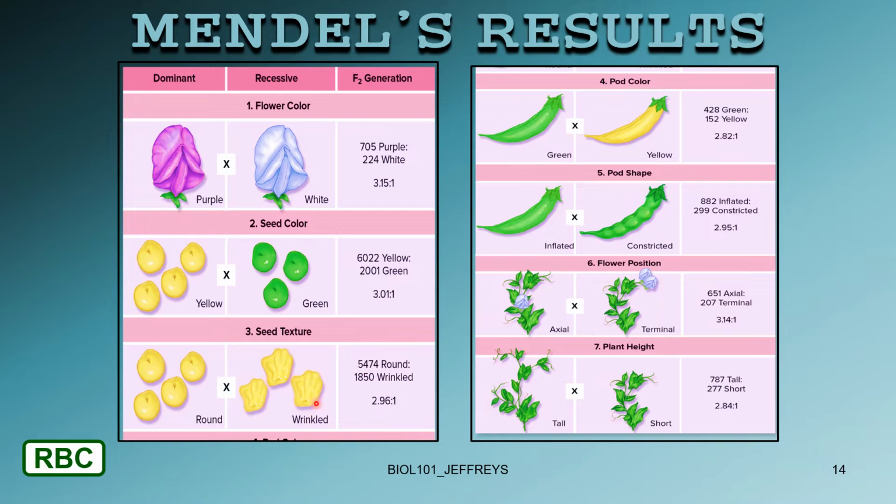It's hard for me to see because these are very small on my monitor, but the point here is that you're getting roughly the ratio here, and the F2 generation is roughly 3-to-1. And what that told Mendel, and what you need to learn from this, is that when you do a monohybrid cross like this, you're going to always get roughly the same 3-to-1 ratio. And we'll talk about what that means here in a second.